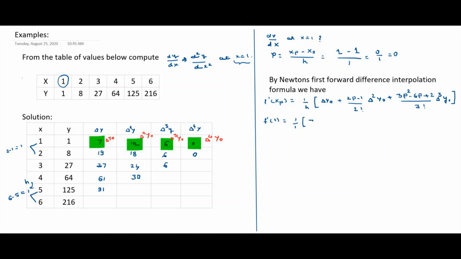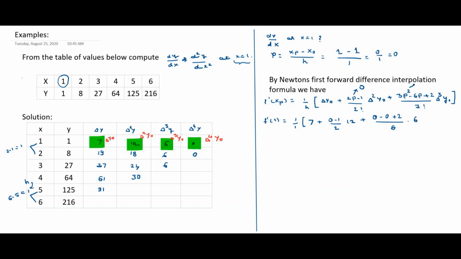Delta y naught value is equal to 7 plus, we know that from above the value of p is equal to 0, and if p is equal to 0 then 2 into 0 is 0, minus 1 divided by 2 factorial is 2. Delta square y naught from the table is 12 plus, next 3 into 0 is 0 minus 6 into 0 is 0 plus 2 divided by 3 factorial is 6, and from the table delta cube y naught value is also equal to 6.